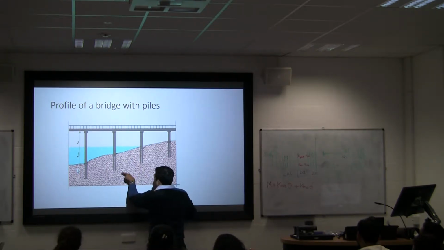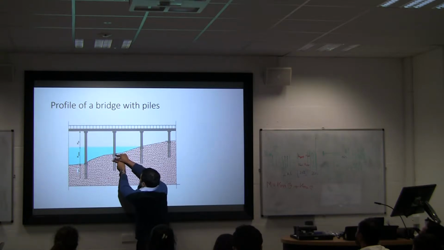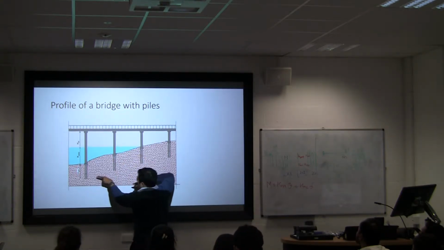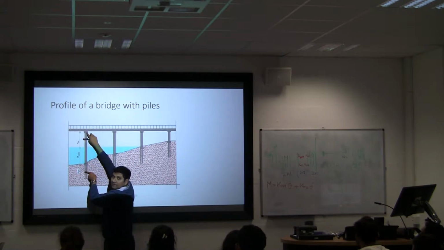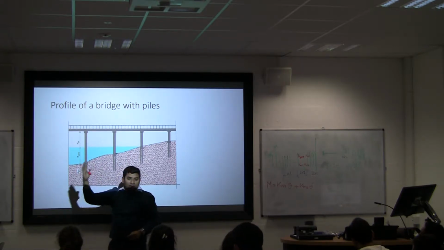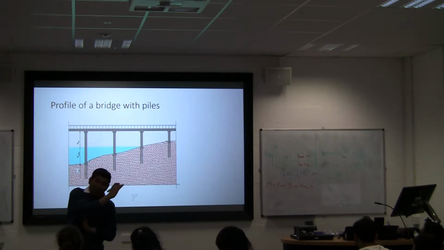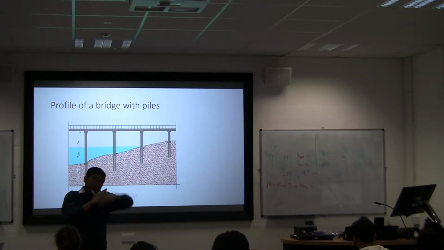But if it liquefies up to this depth, you get this long unsupported length, and a long unsupported length means a lot more flexible. You want to deform more. If it deforms more, the deck falls.